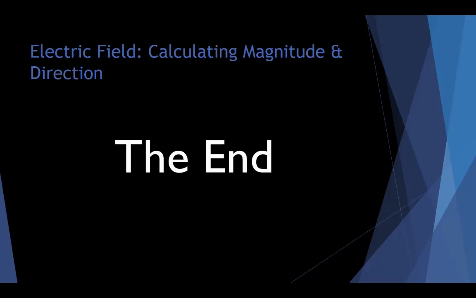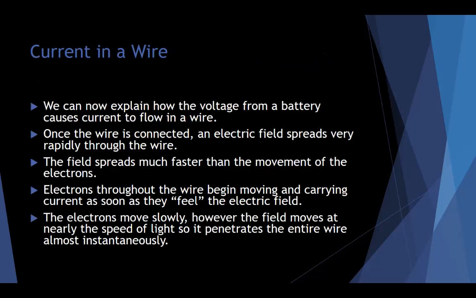Okay? All right. So let's go ahead and finish up. This actually helps us to understand how current works. We can now explain how the voltage from a battery causes current to flow in a wire. Once the wire is connected, an electric field spreads very rapidly through the wire, and it spreads so much faster than the electrons can ever move.